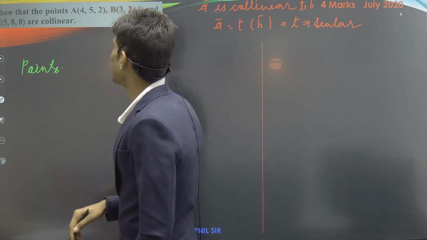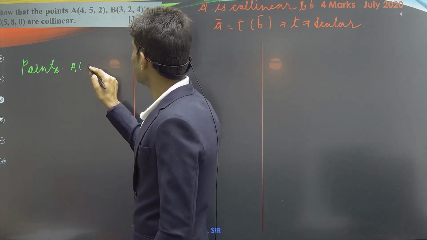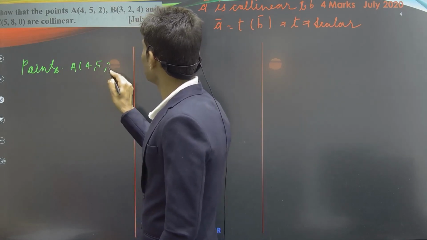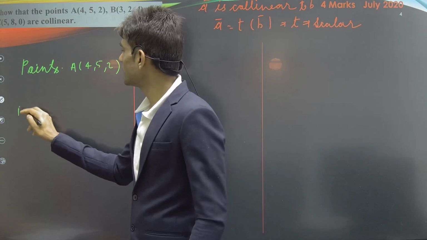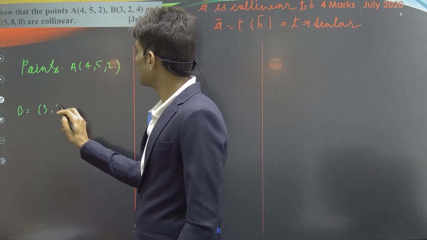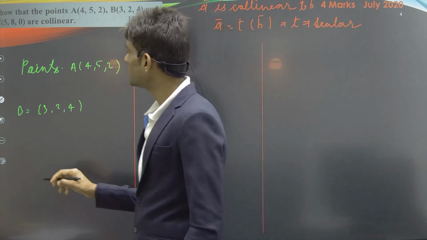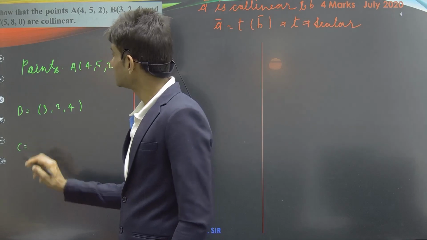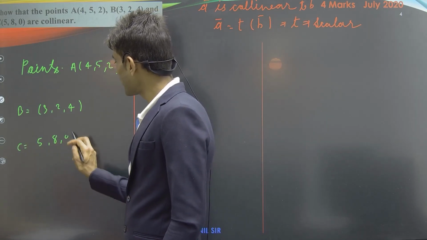What points do we have here? Vertex A is given as (4, 5, 2), vertex B is given as (3, 2, 4), and vertex C is given as (5, 8, 0).